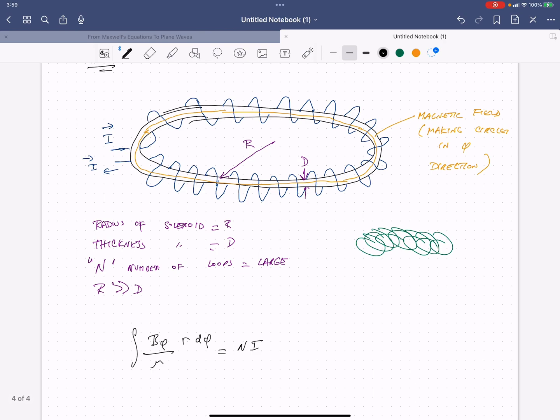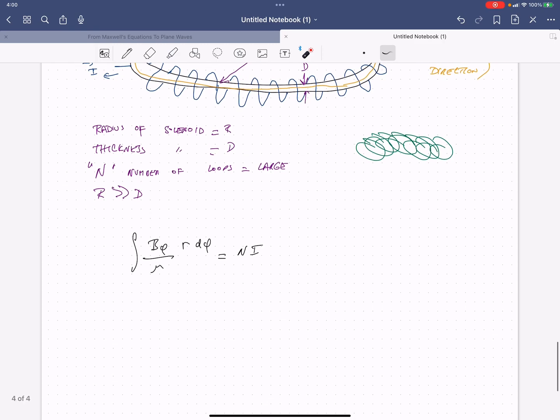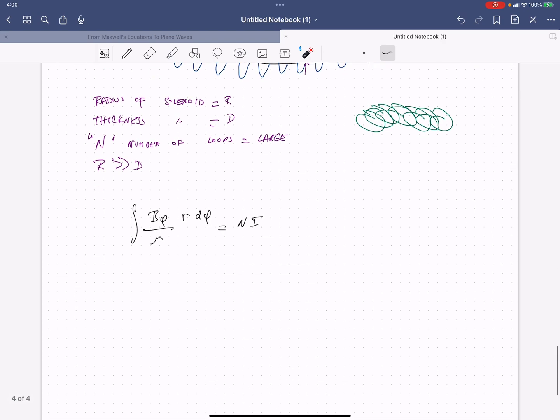Because we've created a bunch of loops, if you define a magnetic field going around here, it thinks that it's enclosing a bunch of currents, n currents, which is the number of loops, but we really only have one current running.